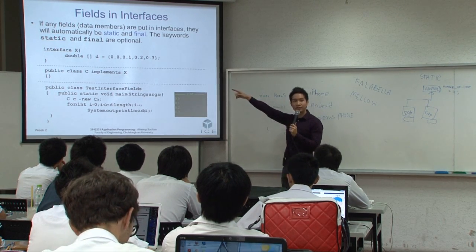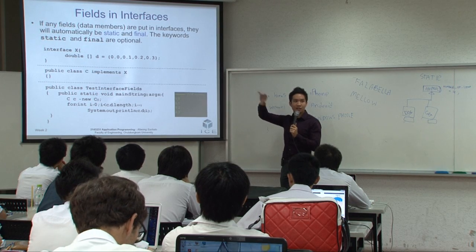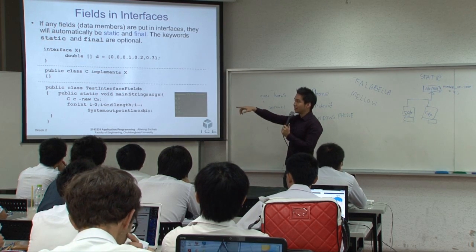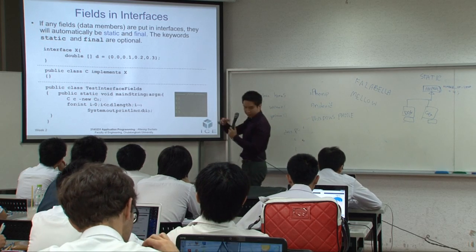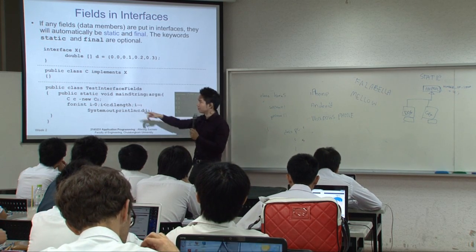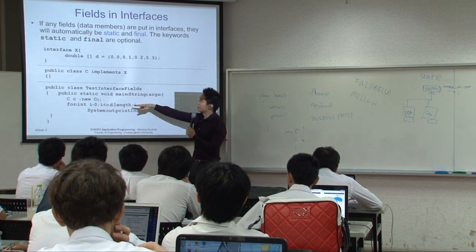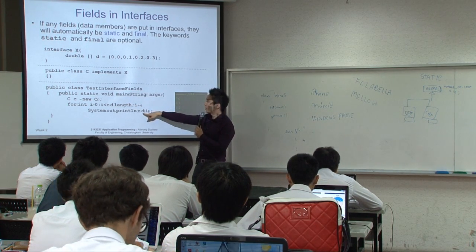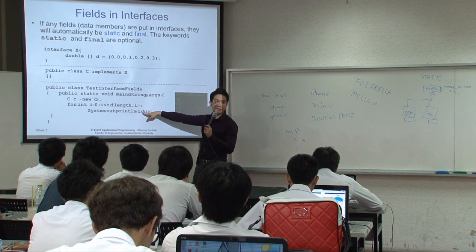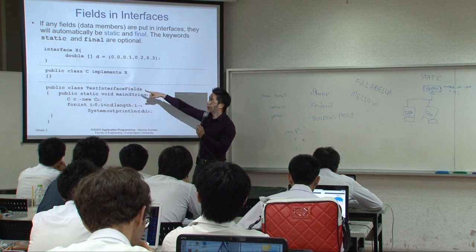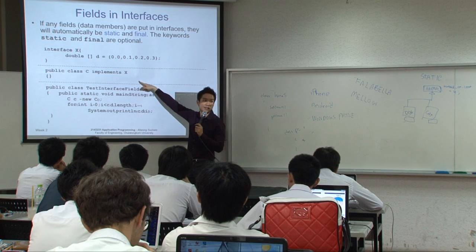And you'll notice that in that class C, there's nothing in there, right? And yet, when you actually instantiate it here, new C, you can get the D member variable, even though the public class C has nothing.